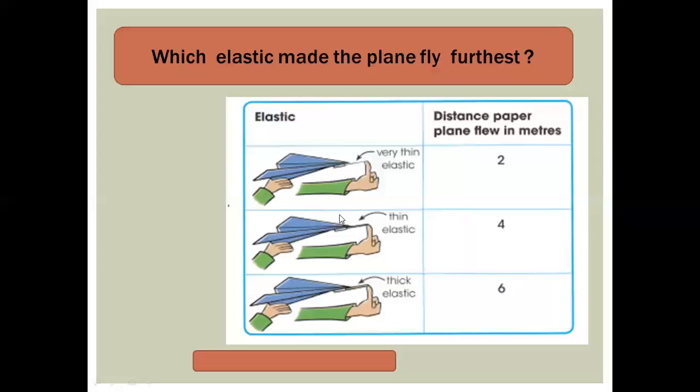There is the shape of elastic and the distance the paper plane flew in meters. Very thin elastic, 2 meters. Thin elastic, 4 meters.